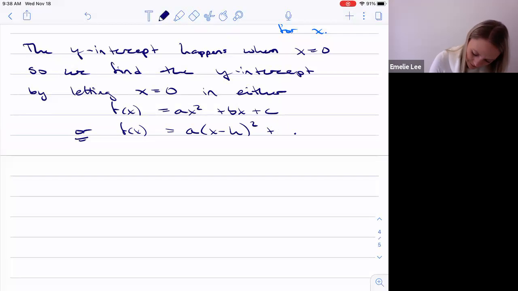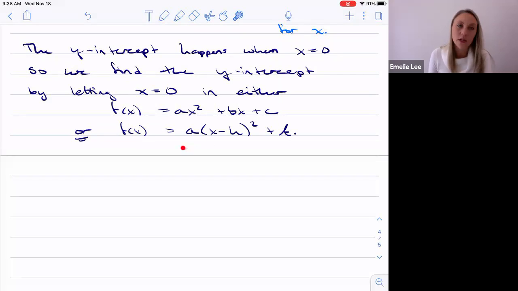That's a k. You would just let x be 0 and then solve for f of x, which is your y, and that's your y-intercept.